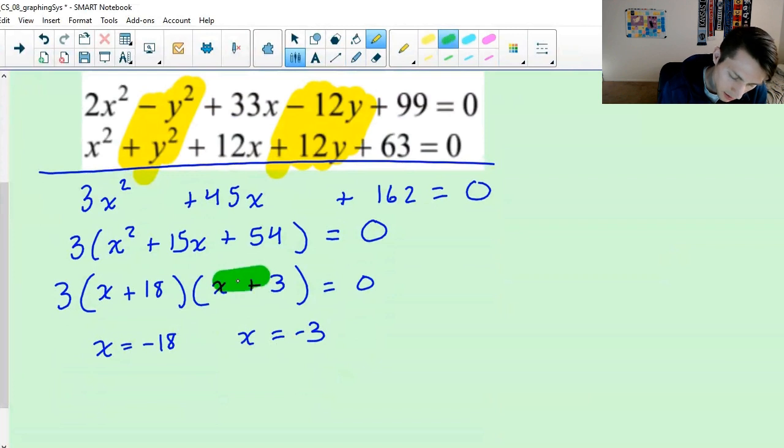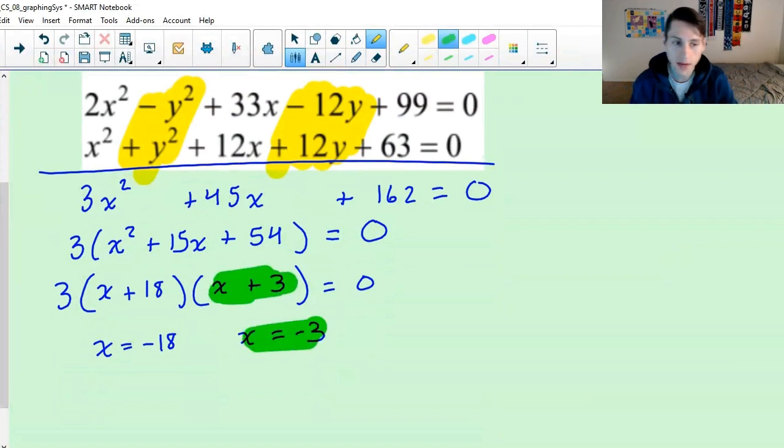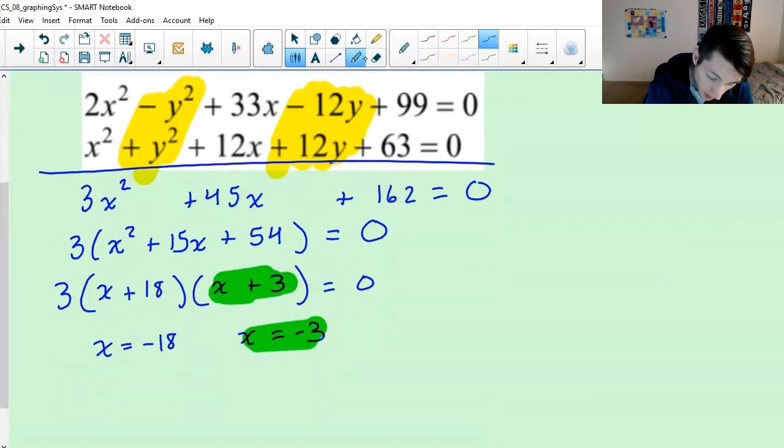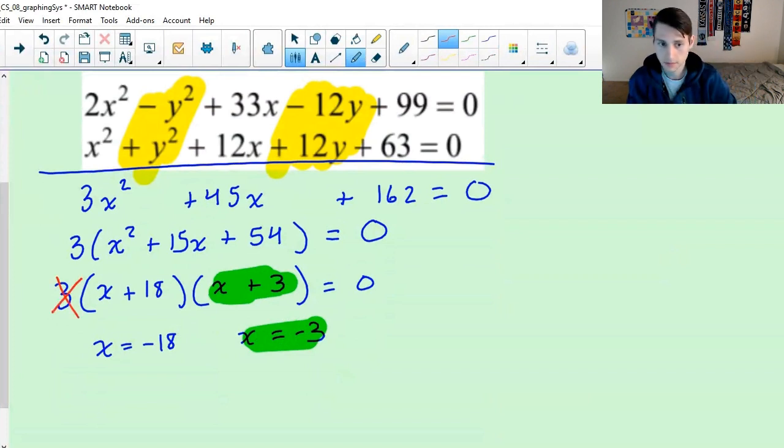Note that the reason we get x equals negative 3 is because of the factor of x plus 3. It's unrelated to this 3 out here. That is not part of the problem that we need to get a solution for, so I wouldn't put x equals 3 just because there's a 3 out there.